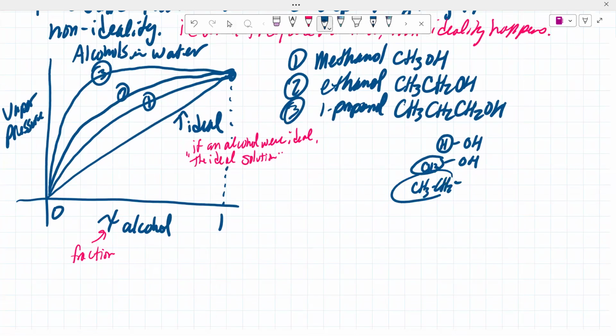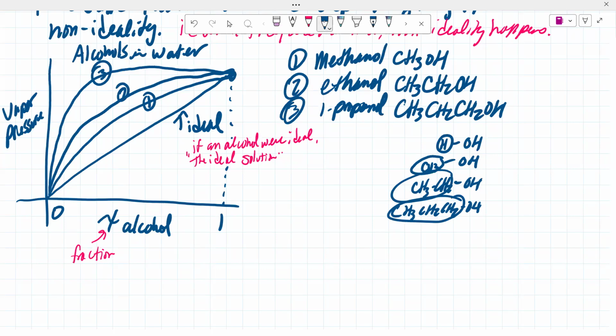So this part is not horrible, but it gets worse and worse. This is why the non-ideality follows exactly that trend.